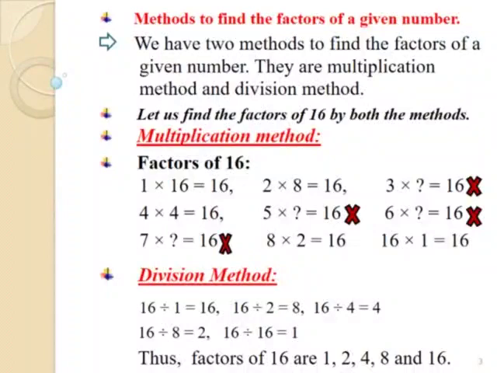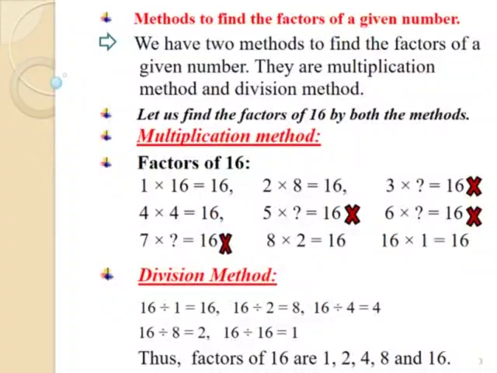6 multiplied by any number, we will not get 16. So, 6 is not a factor of 16. Multiplying 7 by any number, we will not get 16. So, 7 is also not a factor of 16. 8 multiplied by 2 equals 16. 16 multiplied by 1 equals 16.